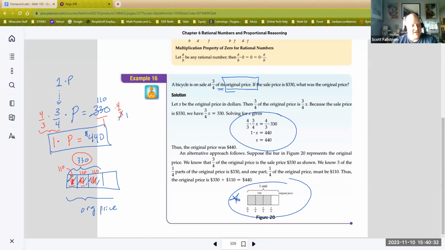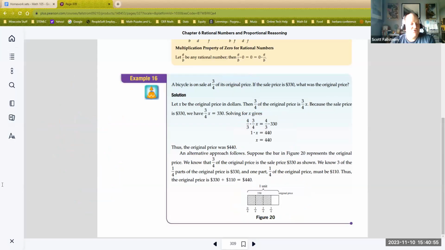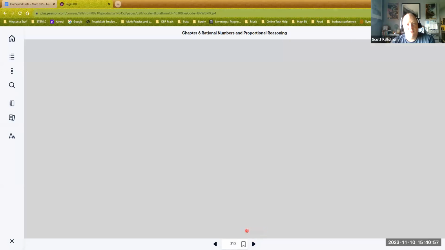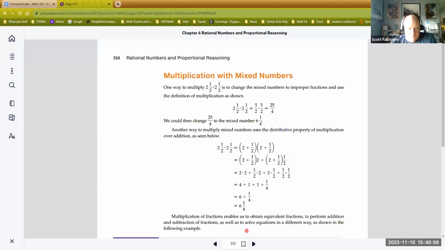So if each of these same size pieces is $110, then all you have to do to get to the original price is bring in one additional portion, which would be 110. And so that's how you can get to that same final answer: you just add one more $110 piece and boom, you're up to 440. So a picture approach and a little bit more algebraic approach. Both of them are perfectly acceptable and completely fine.